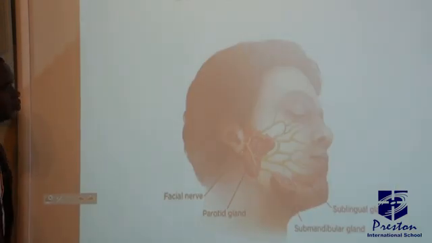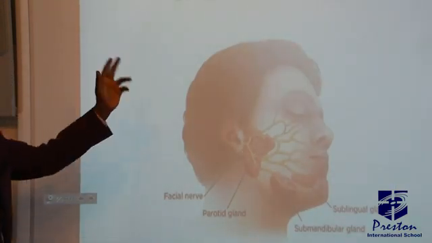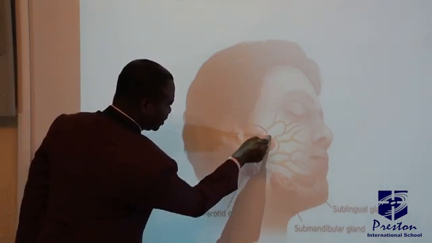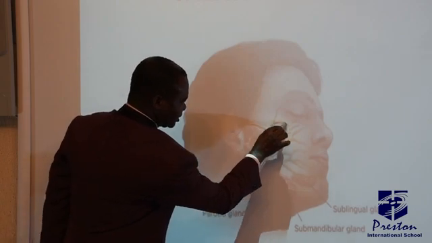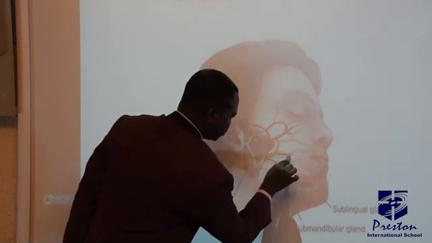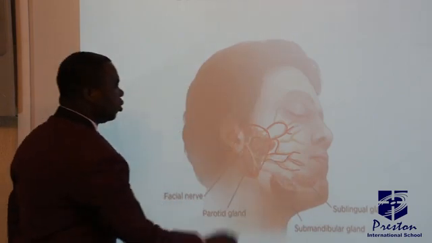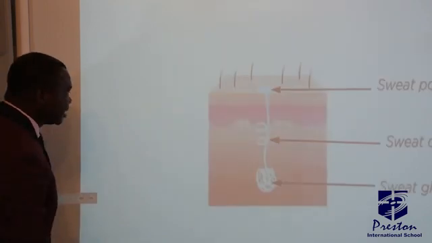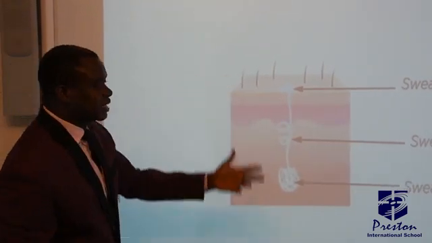Now, let me look at examples of duct glands. For example, we have the salivary gland. This is the gland that is producing the saliva. These are the ducts that will carry it from where it is produced to our mouth. That kind of gland we refer to as exocrine gland. Then another common example is our sweat gland.